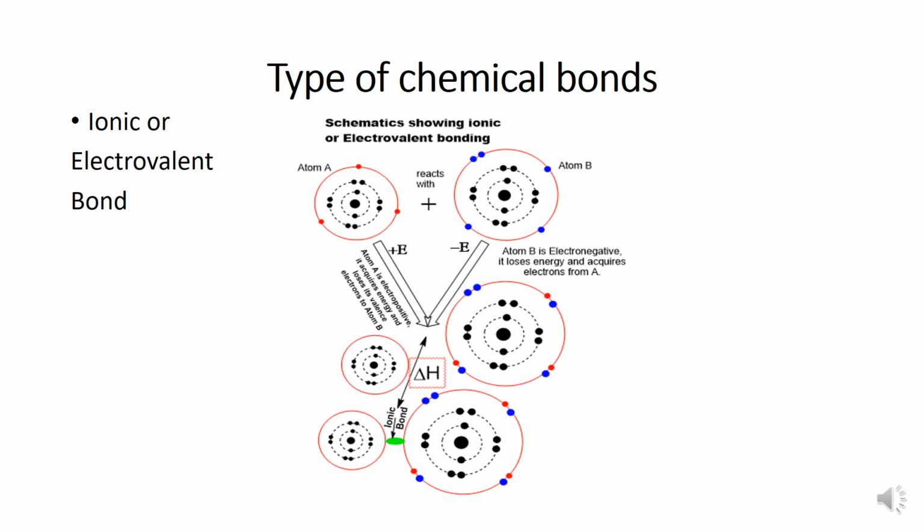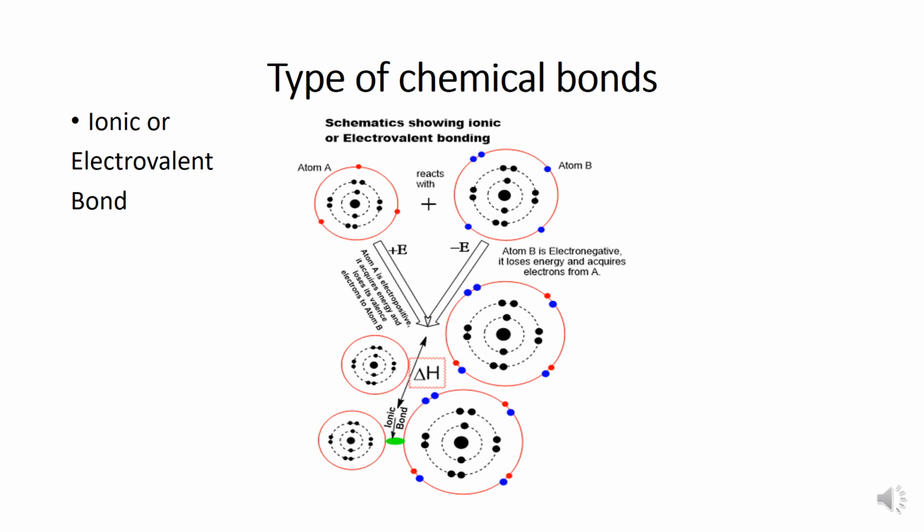And for them to attain octet, they will readily give out their valence electrons to attain the electronic configuration of the nearest noble gas. For this reason, we say they are electropositive. They take in ionization energy, and by it, they send out their valence electron.